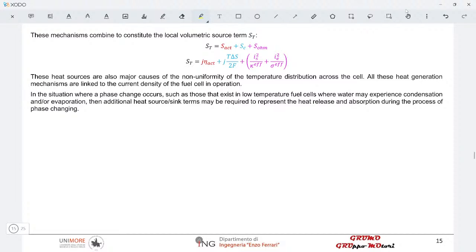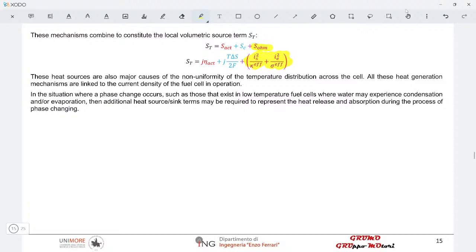What about the other parts? I mean, in the porous materials, in the bipolar plate, basically we have just the ohmic contribution. Yes, there is some heat that is generated because we have the flow of a current, but the situation will be clearly much easier for the other components.